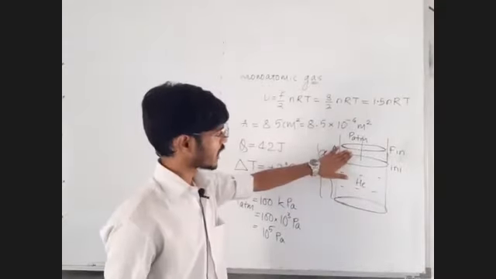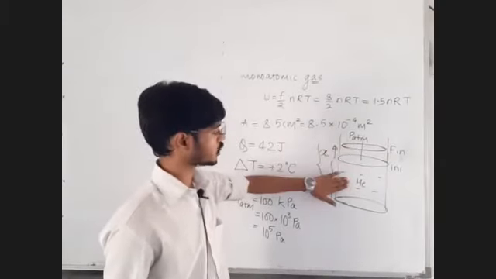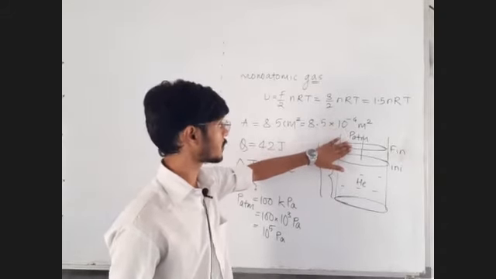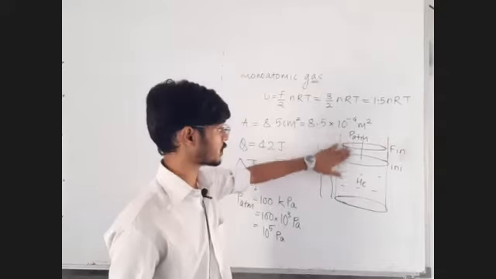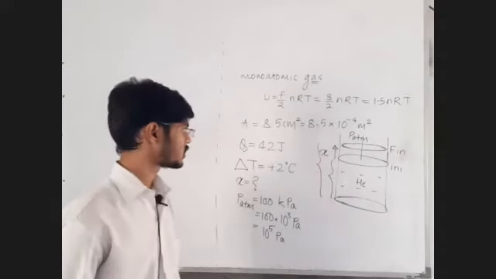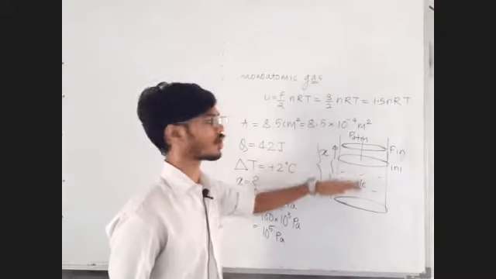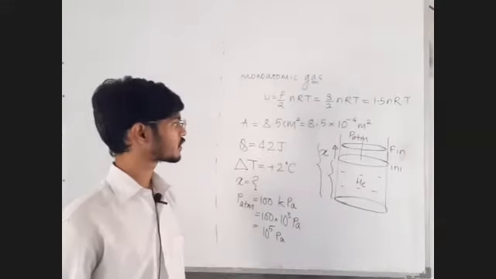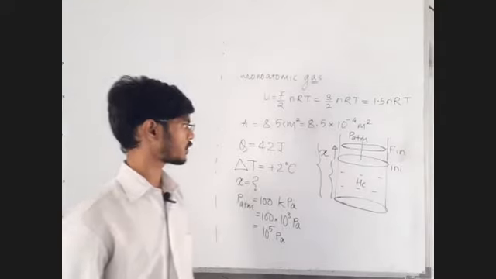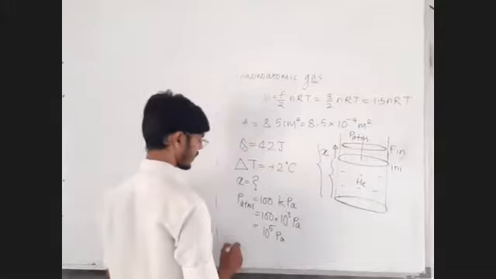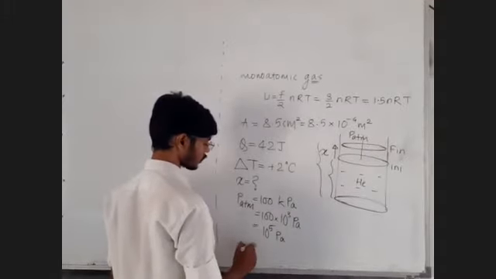But sir, the piston has no weight, so the pressure due to the piston is 0. So atmospheric pressure is equal to the pressure on the gas. That will not change during the expansion or compression of the gas. So this is an isobaric process because the pressure of the gas is not changing.